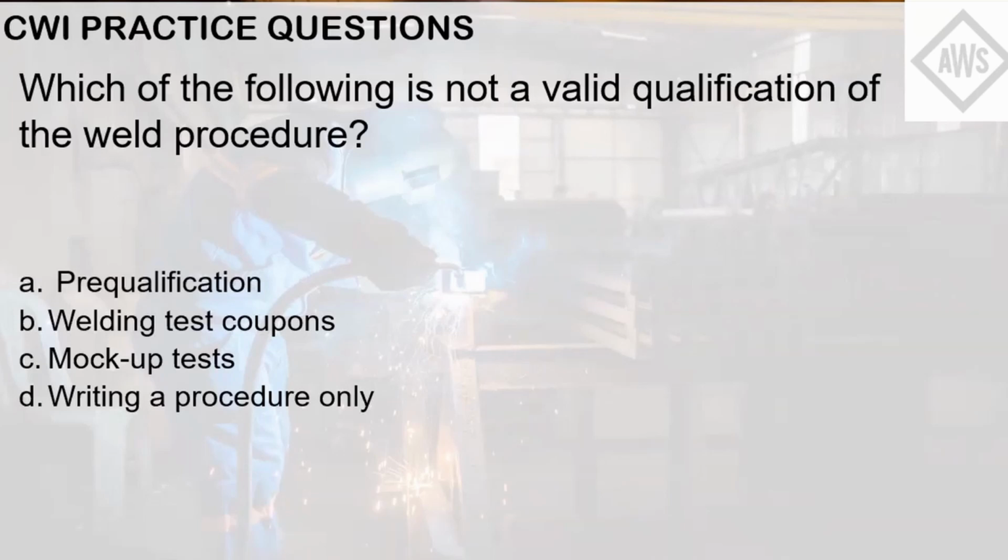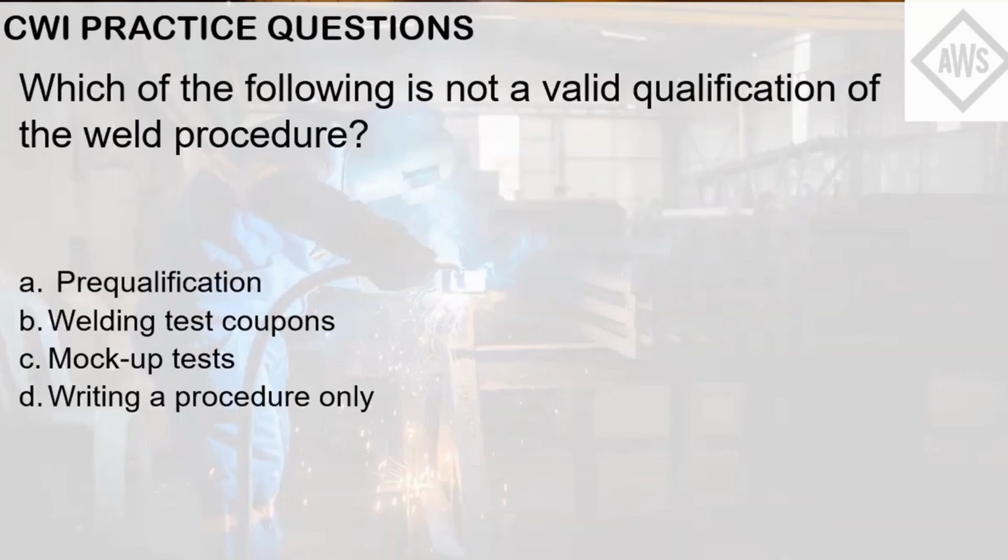So letter D, writing a procedure only. Depending on the code or standard, if you write a procedure only without qualification tests, the keyword here is only, so that is not a valid qualification of the welding procedure. Just a tip, if you are answering a certification exam, over-encompassing statements like only, all, may denote a wrong answer.